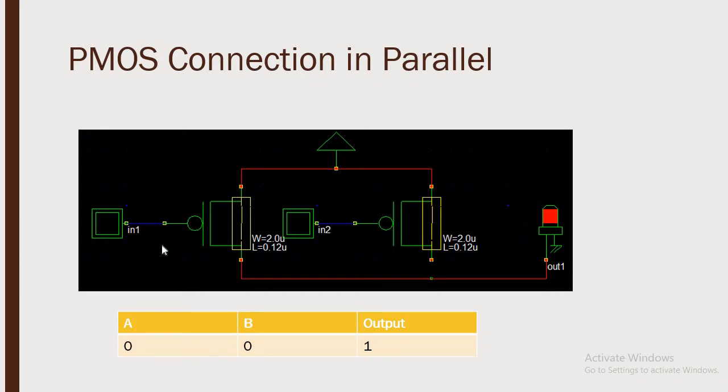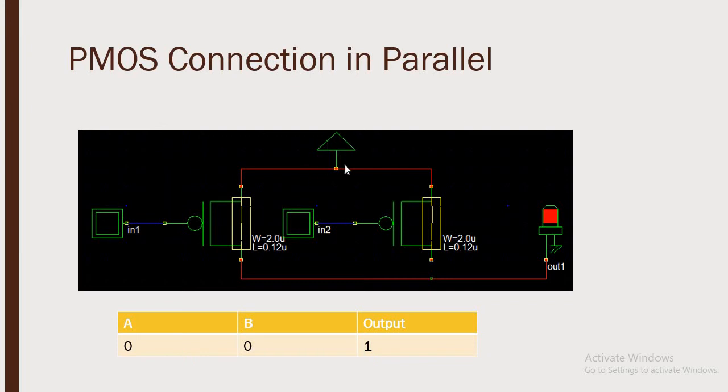So students, first of all, when both inputs are 0, input 1 is 0 and input 2 is also 0, what we studied is PMOS is a low voltage device, meaning both the PMOS are in working condition. So the drain and source of PMOS 1 become short circuited. Similarly, the drain and source of PMOS 2 also become short circuited.